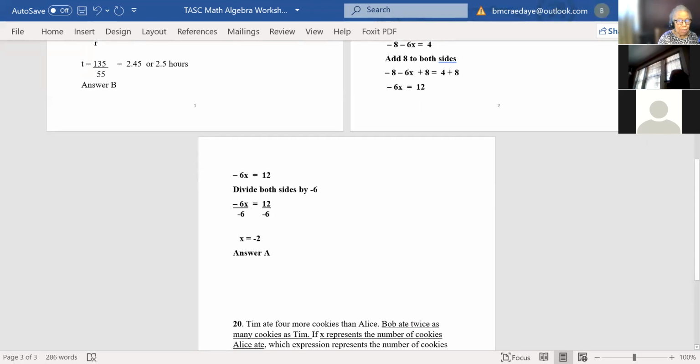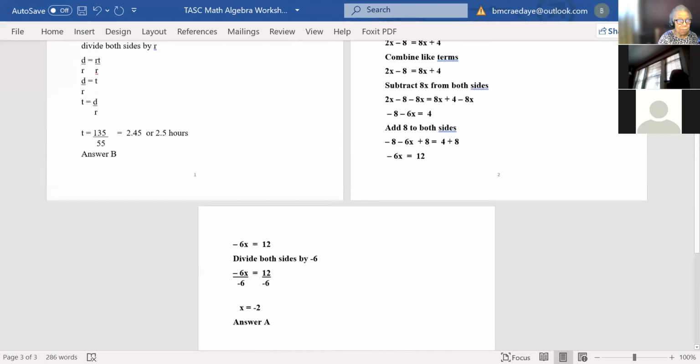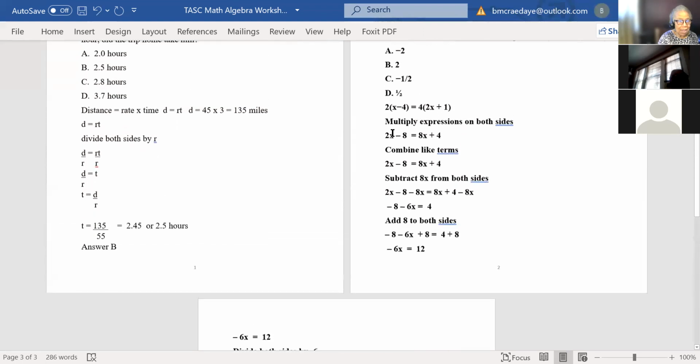When you said over up here, combine your like terms, that's very important. Your like terms have the same characteristics. So 2x and 8x are both a number and a variable, where these are just constants, -8 and 4.